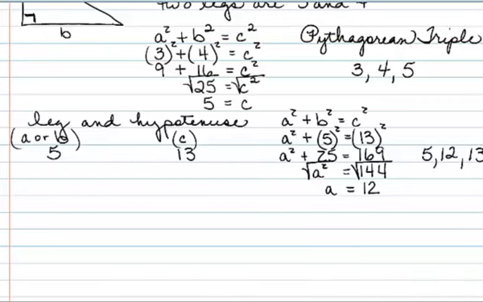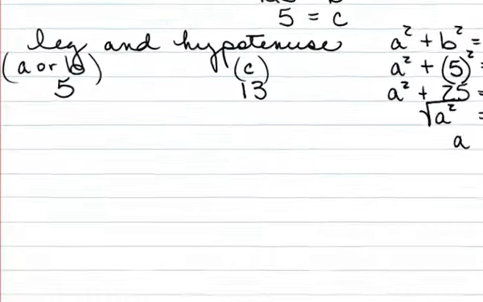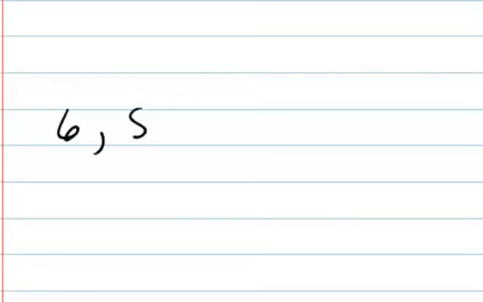You can determine if some sides are equal to a Pythagorean triple. To determine if other lengths are Pythagorean triples, we can use the numbers 6, 8, and 10.